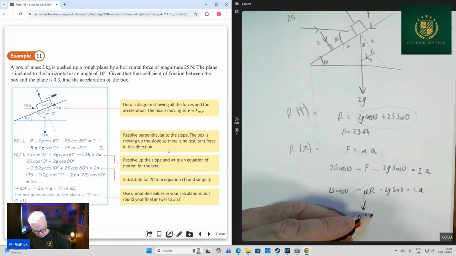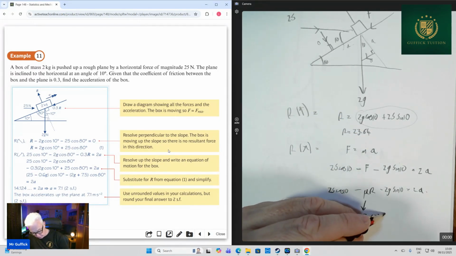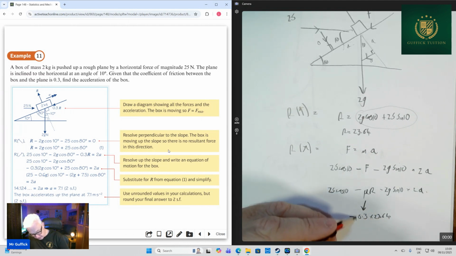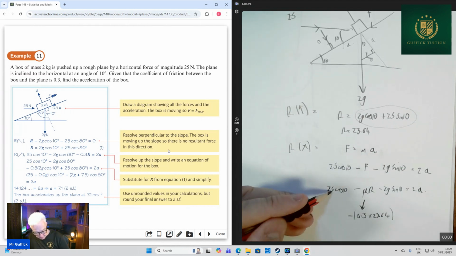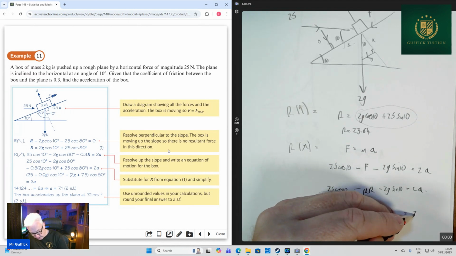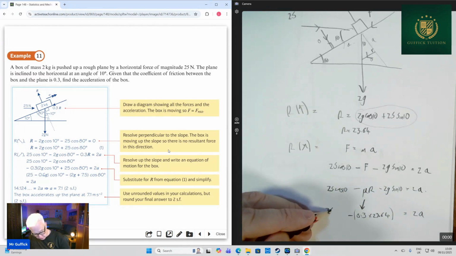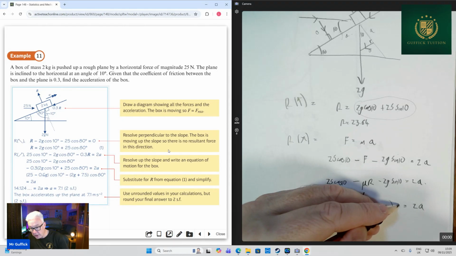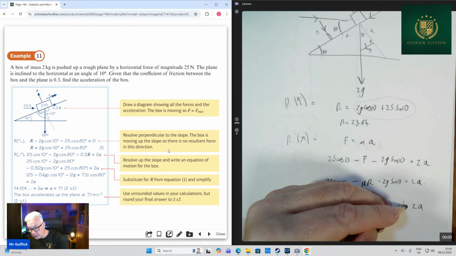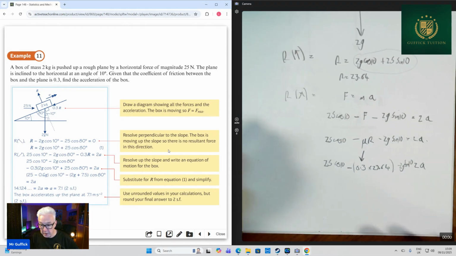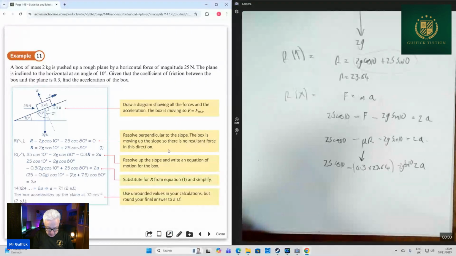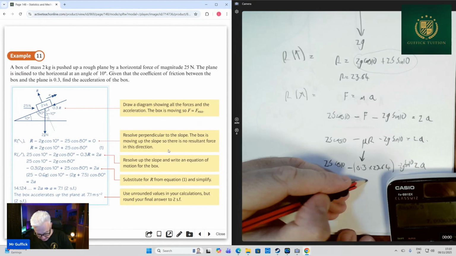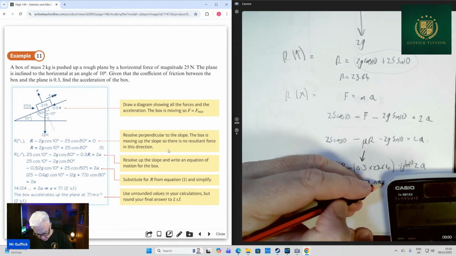So we've got 0.3 times 23.64 there. And then we know that and we know that, so we can work out what all of those are. So if I write 25 cos 10 there, and minus 2g sine 10 there, let's work out what these are. 23.64 times 0.3 gives us 7.093.